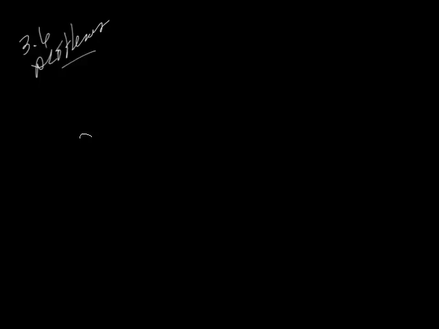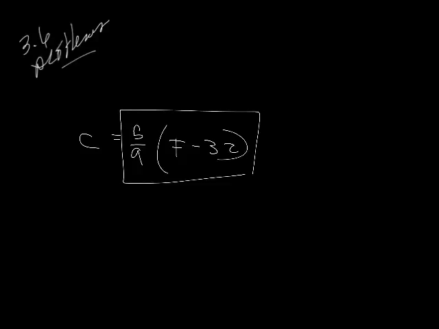Let me try to explain that. C equals 5/9 times F minus 32. So let's say that this is the main part of the formula. If they give you Fahrenheit equals 95, well, F is in the main part of the formula, so that's the formula you're going to use.